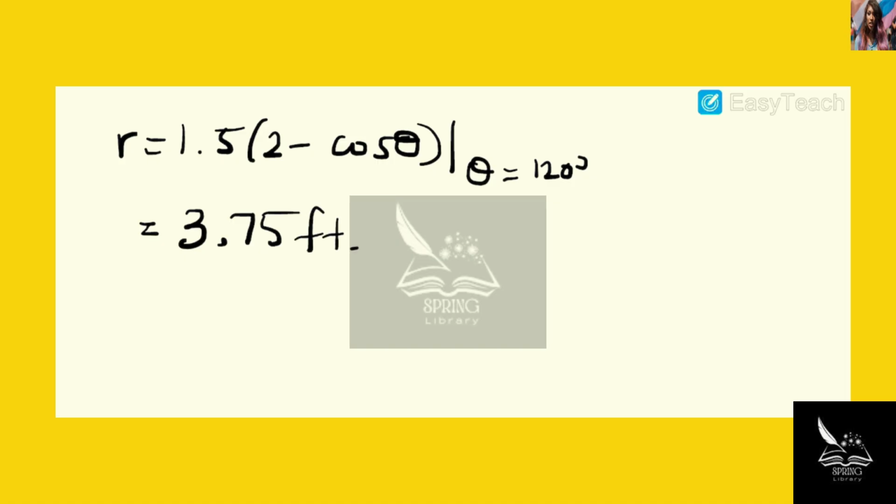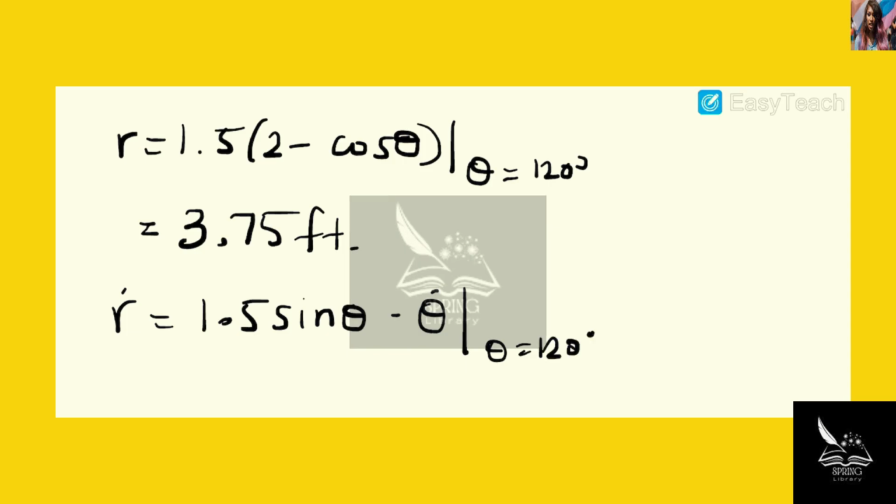Next, we can take the derivative of r and say that r dot is equal to 1.5 sine theta times theta dot, and evaluate that at theta equal to 120 degrees. We find that r dot is equal to 6.495 feet per second.